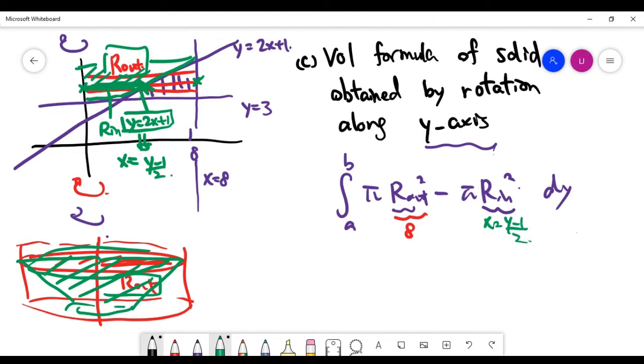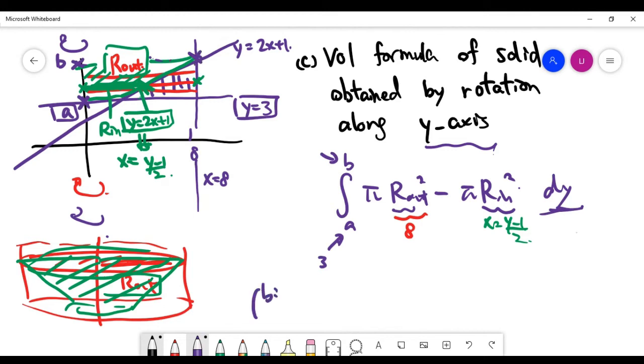And the last bit of this problem to fix the formula is that you have to tell me what a and b are. And a and b along the y-axis, because we're doing the y integration, should be the lowest point a up to the highest point b. And a in this case is just the height, based on the line y equals 3. So a must be 3. How about b? For b, please trace it back to this point.